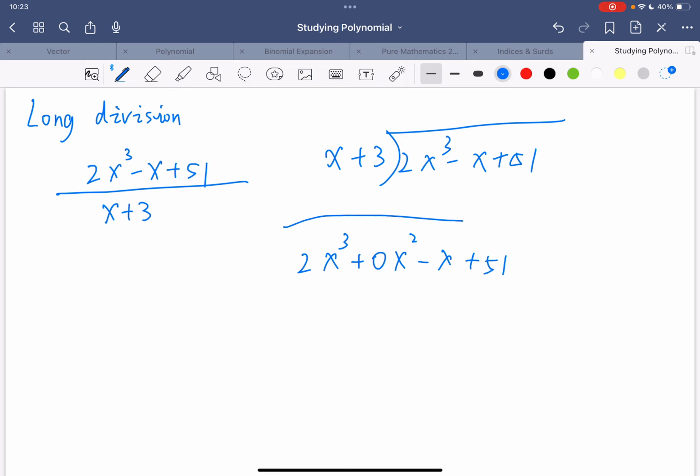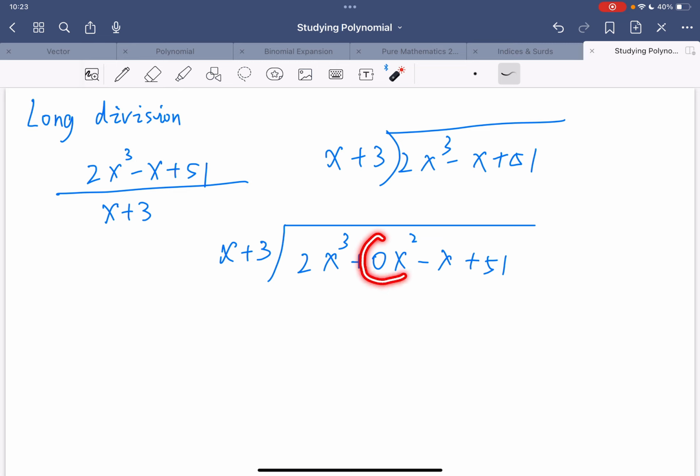Okay? That is the easiest way. We won't get confused. So no matter whatever you see there is a term missing, no matter if it's the square or the power of 1, we always add the term in the long division.